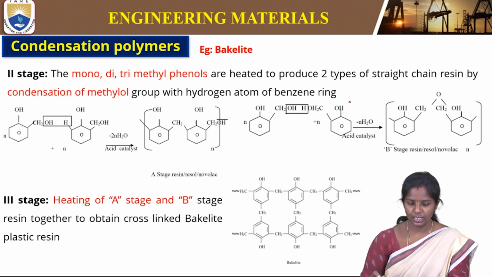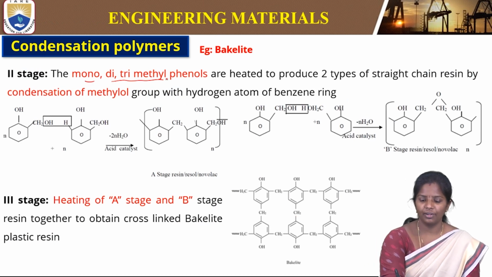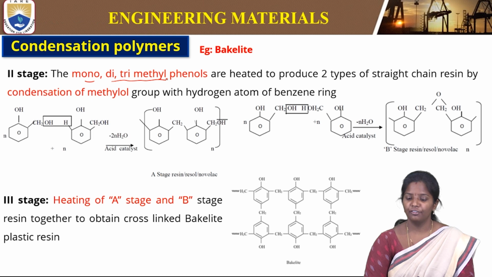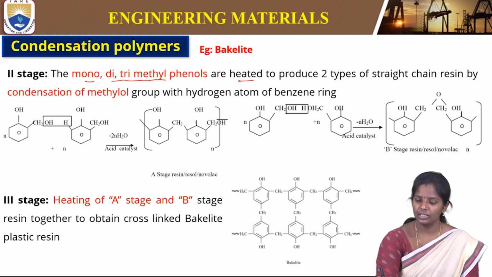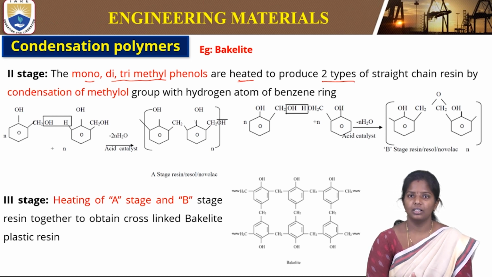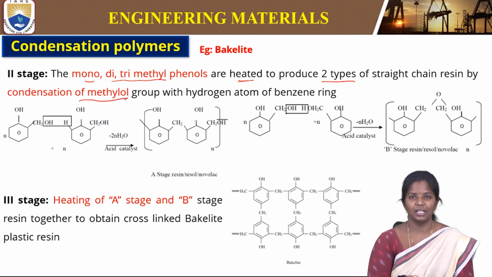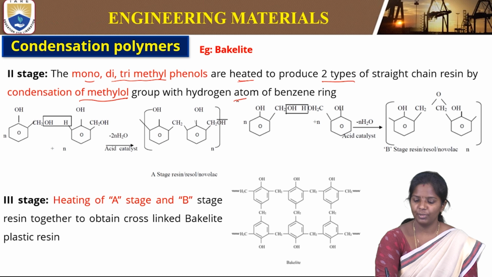So then what happens? In the second stage, this mono, di and trimethylol phenol are heated together to produce two types of straight chain resins. So when they are heated again, the condensation takes place. How does the condensation of the methylol group take place with the hydrogen atom of the benzene ring?